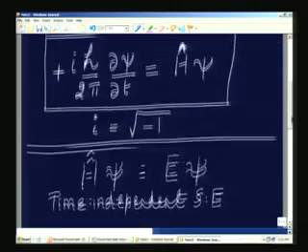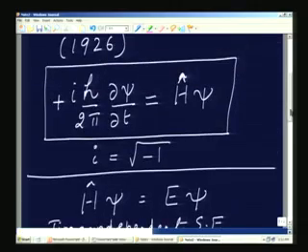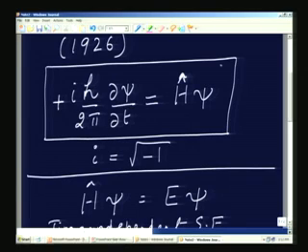Schrödinger came up with this idea that the dynamics of atoms and molecules, or any objects which we cannot see in microscopic dimensions, has to be understood by solving an equation which looks like this: i h by 2 pi d psi by dt is equal to H psi. Now, do we understand this? If you ask me, I do not understand this, but obviously I know how to solve this equation for certain problems.